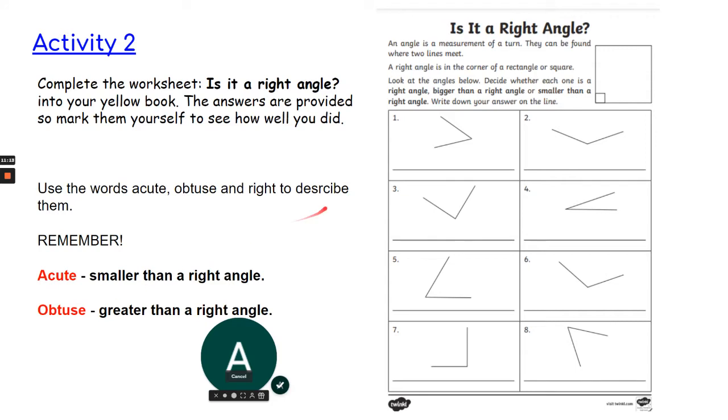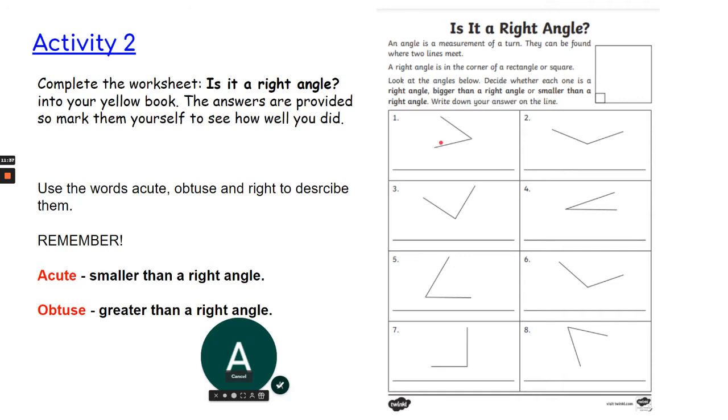So, if an angle is smaller than a right angle, it is acute. If an angle is bigger than a right angle, it is obtuse. So what would be a really super Year 4 way of doing this would be, instead of writing smaller or bigger than a right angle, you give it its proper maths name.